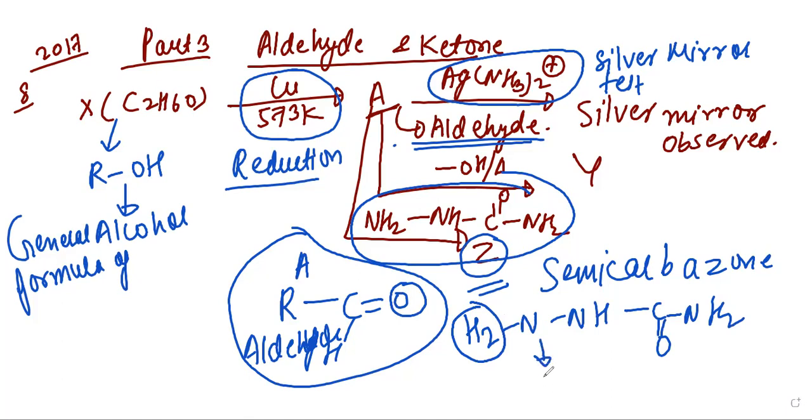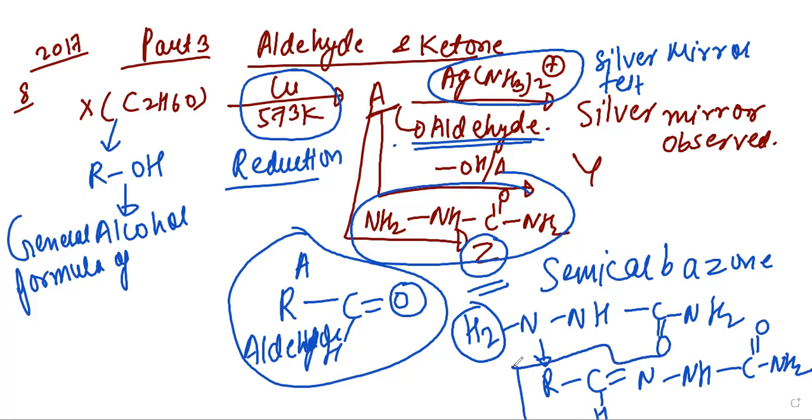So it will be RC=N NH C=O NH2, with one hydrogen. This part is called semicarbazone, and water is removed here. Up to this point, then you write the actual compounds instead of R. What will be the R?